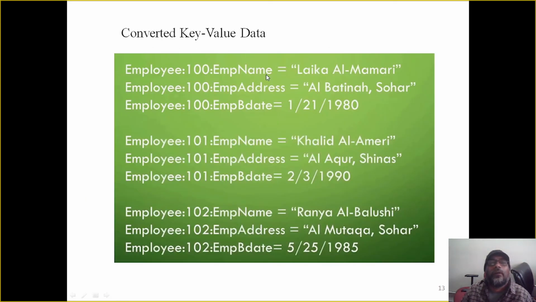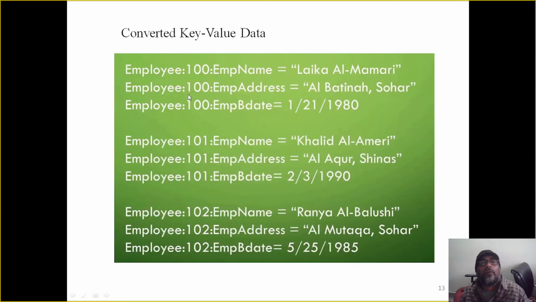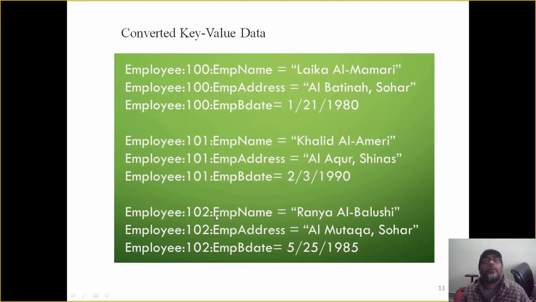Employee 100, employee name, this is the name, employee address, employee. So we have 3 records. So this was about key value data store.